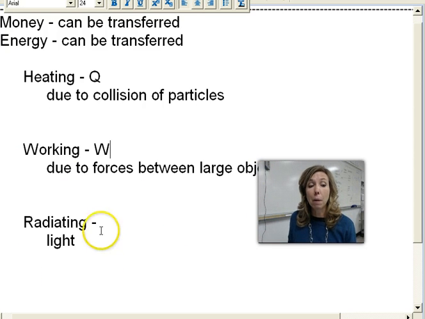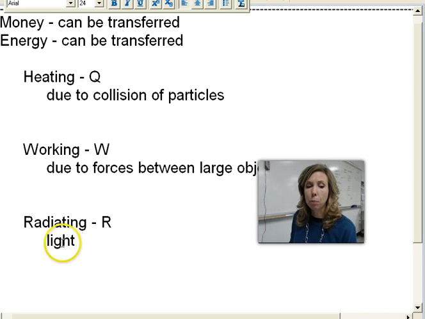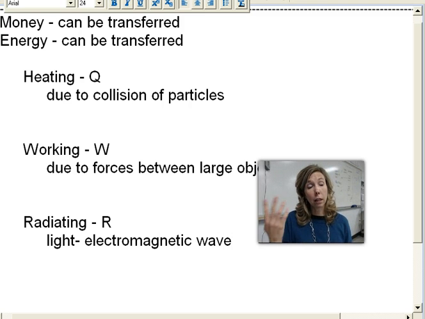Last way, main way that energy can be transferred is through radiating. And so we abbreviate this with an R. And I put light here as an example, but this actually means anything that is an electromagnetic wave. And light, the visible light that we see, allows us to see objects, is an electromagnetic wave.